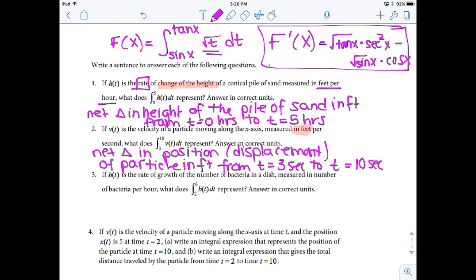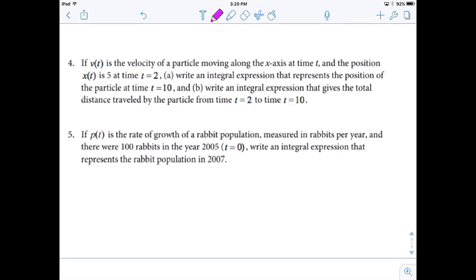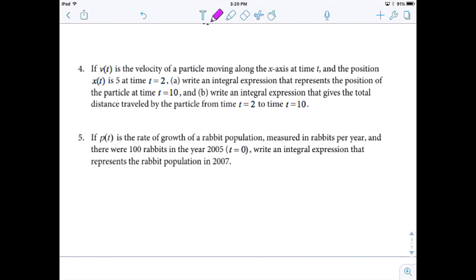Okay, so let's look at ones like 4 and 5 where we actually have a situation. v of t is the velocity, and the position is 5 at time t equals 2. Anytime you see something like that, think, that looks like an initial condition, right? So this says write an integral expression that represents the position of the particle at 10, and write an integral expression that gives the total distance traveled from 2 to 10. So let's start with finding the position at 10.